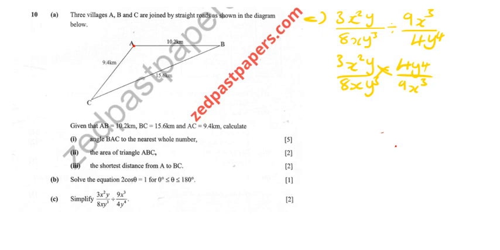So if you want, you can expand this by having 3 multiplied by x multiplied by x. We know that we have x squared, which means you have 2 x's there, and then you multiply by a y over 8 multiplied by x multiplied by y multiplied by y multiplied by y, because it is raised to the power 3.